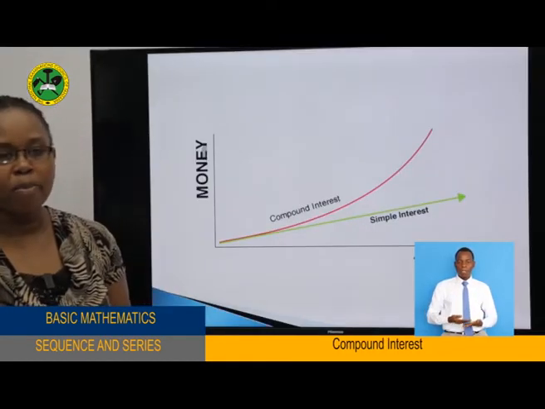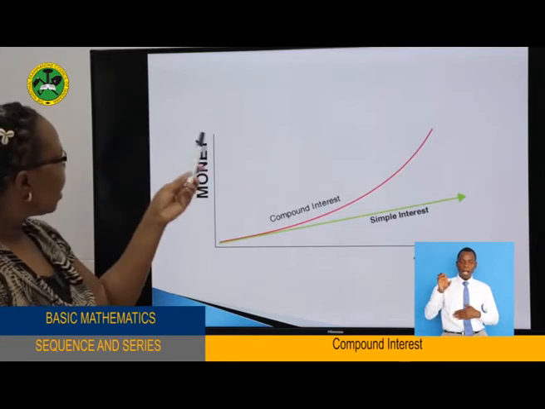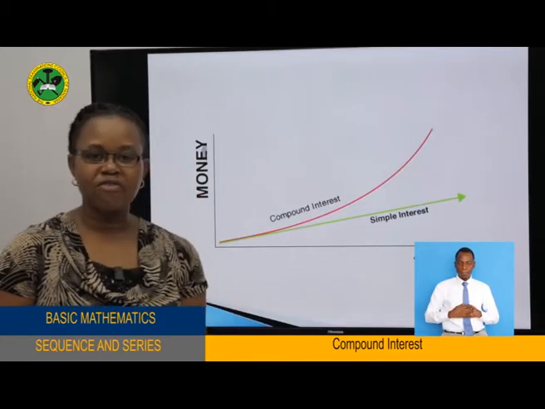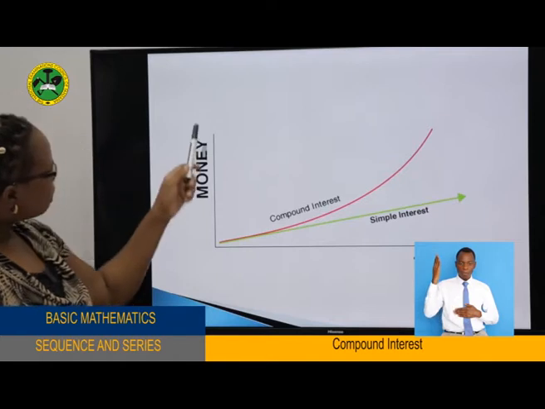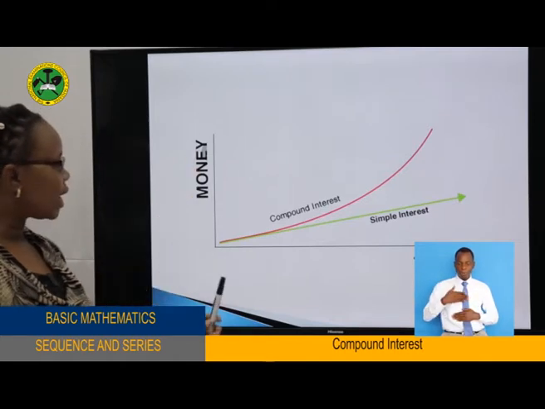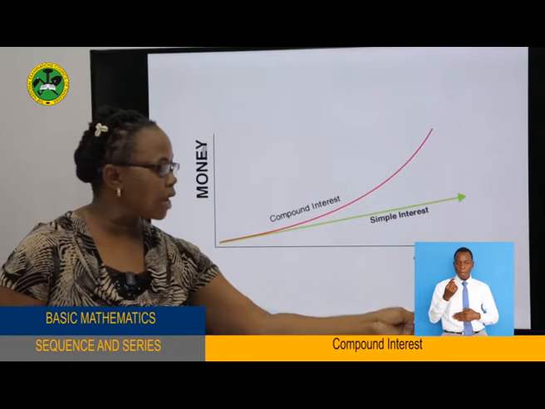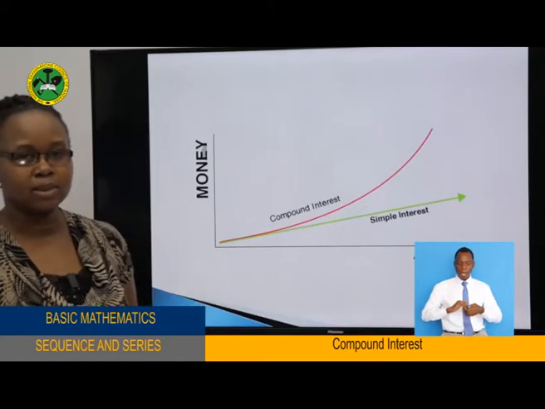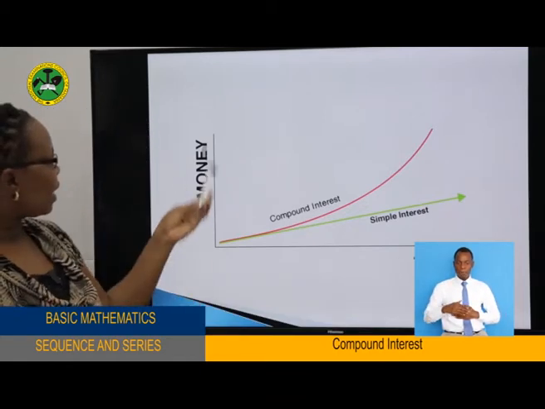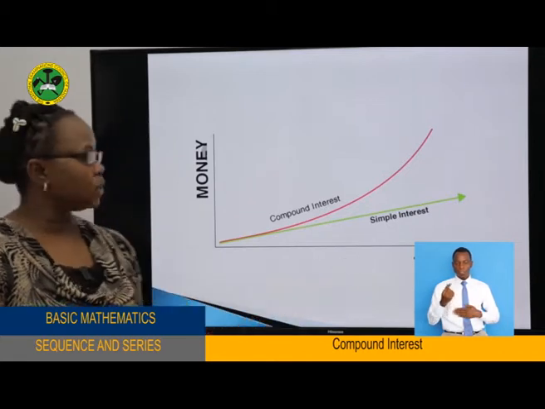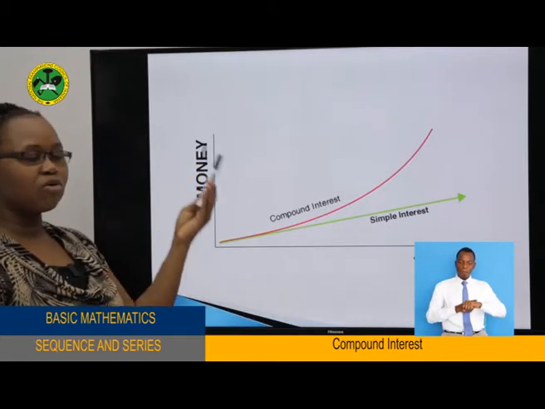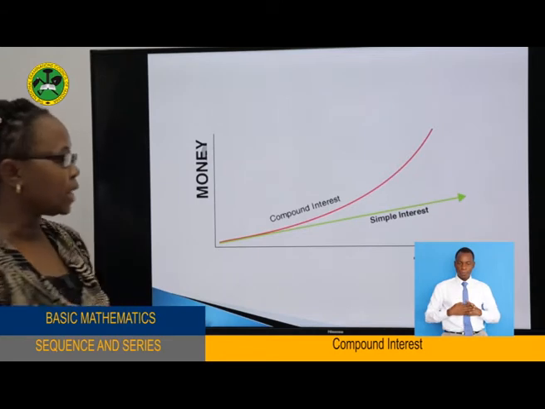This is our graph, which shows money on the y-axis versus time on the x-axis. So you say that a certain amount of money is deposited at the bank at a certain time.